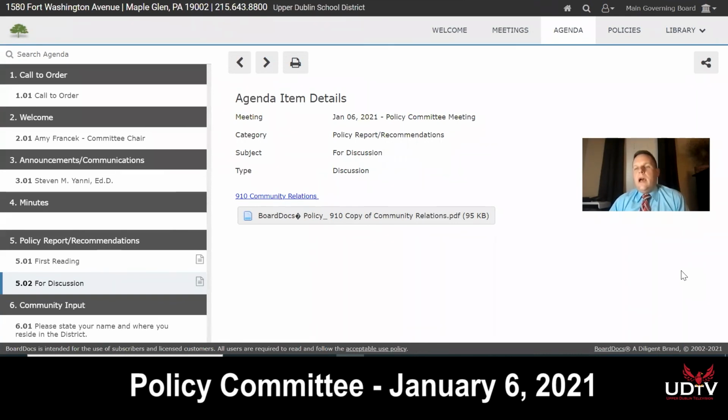And then the lion's share of the work moving forward will be to work on any policies that are Upper Dublin specific that we want to have policy language about. And then also looking at policies on a predictable, regular schedule so that we don't wind up with a policy book in a couple of years that's completely out of date again. So that will be on the next agenda for informational purposes. Thank you. That's great.